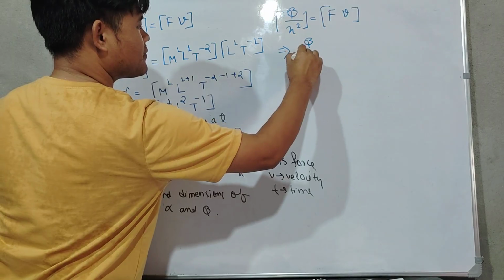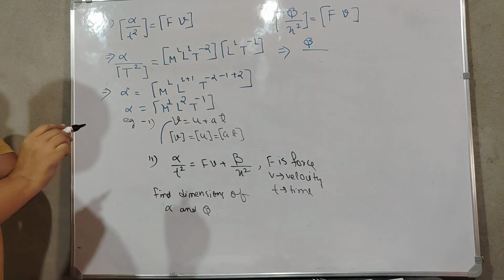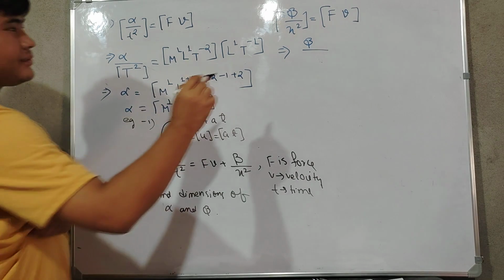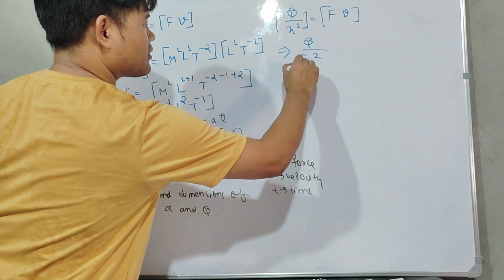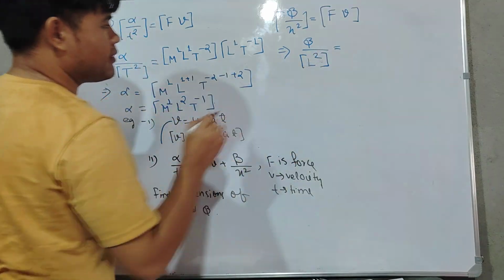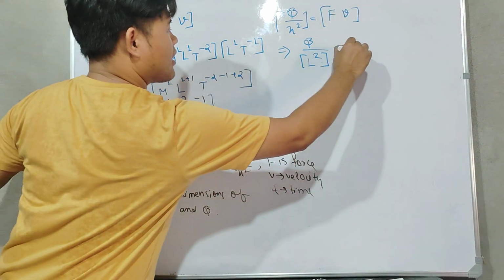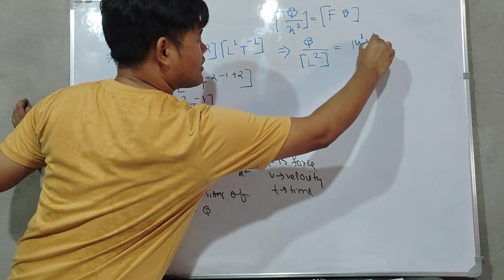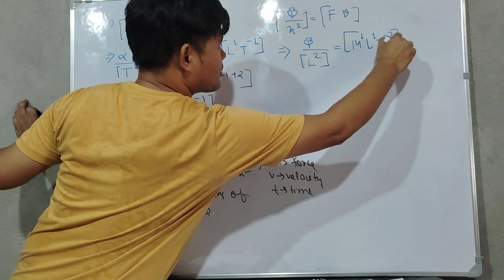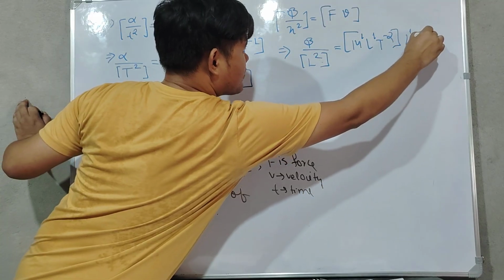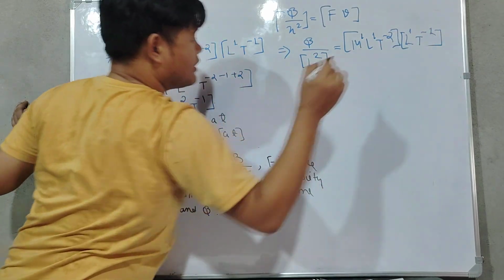So beta, displacement means length square. It will be M1 L1 T to the power minus 2 into L1 and T to the power minus 1, right?